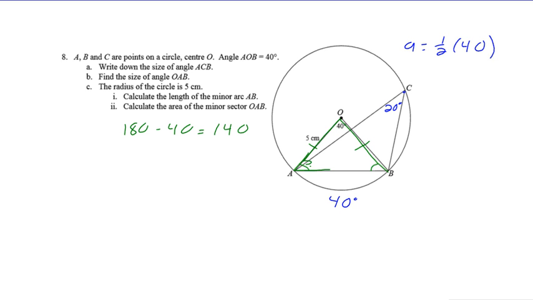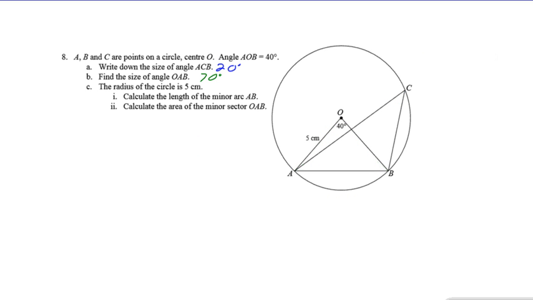But because they're the same, we're going to split 140 two even ways, so we get 70 and 70 that add up to be 140. So 70 degrees there, and 20 degrees for the first part.